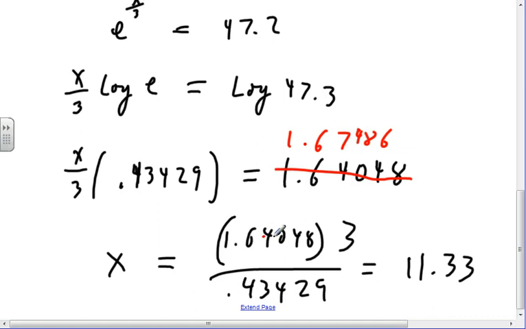1.67486. 7486 times 3 divided by 0.43429. Boom. 11.57.